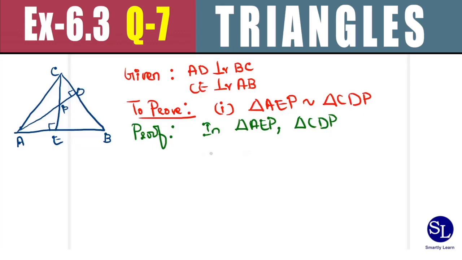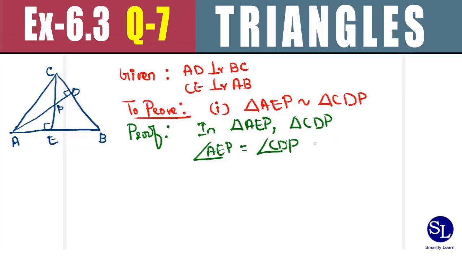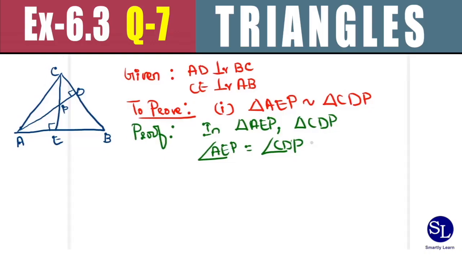What we already know is angle AEP is equal to angle CDP, and CDP is equal to 90 degrees. Why? Because they are the altitudes that are given to us. So we already know that.